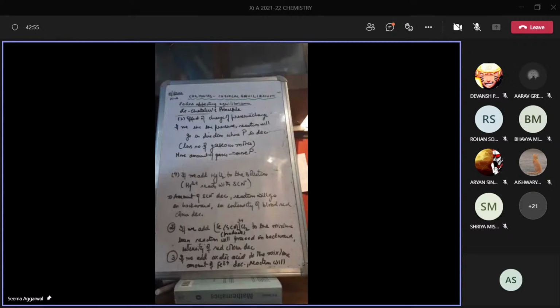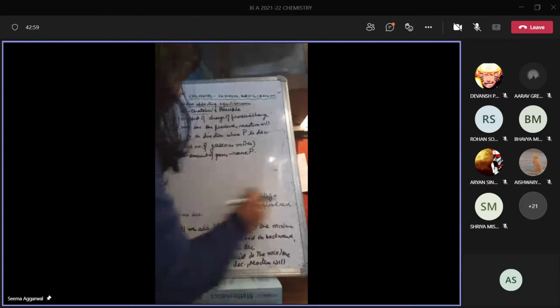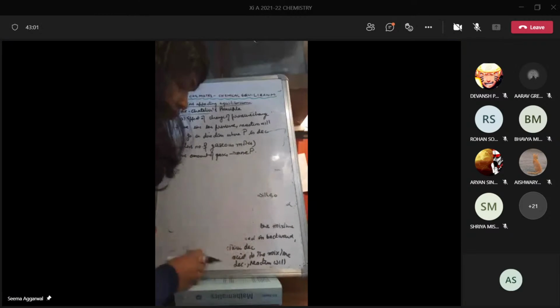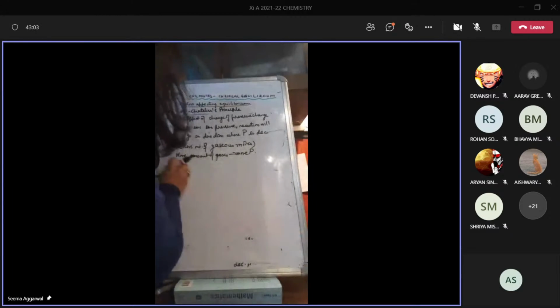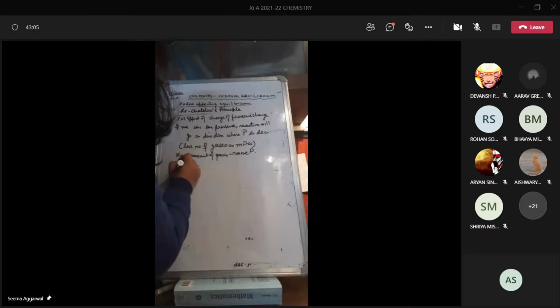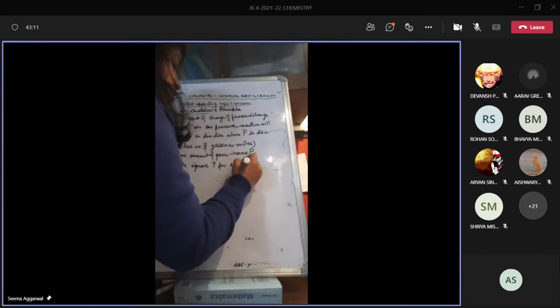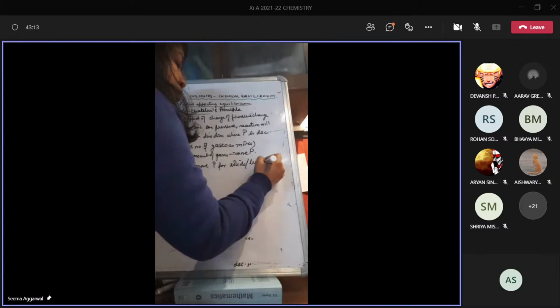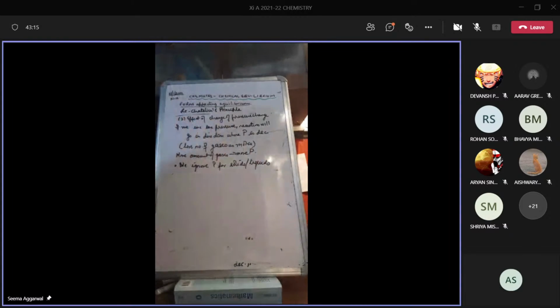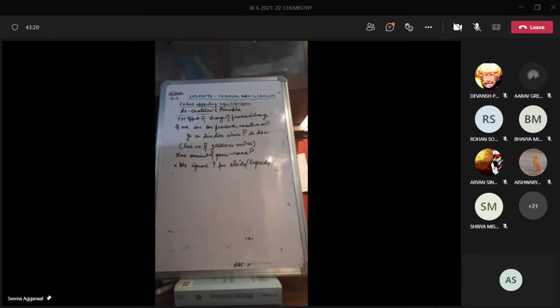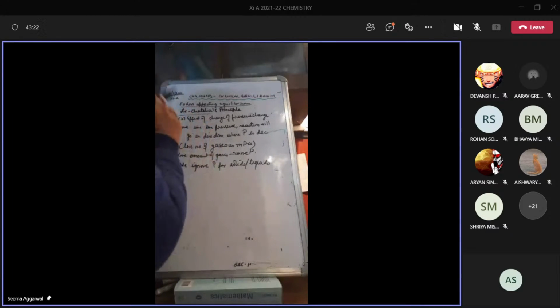Solids and liquids are independent of pressure, so we ignore pressure for them, because we take their concentration.